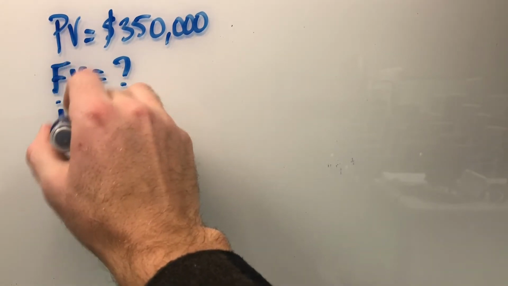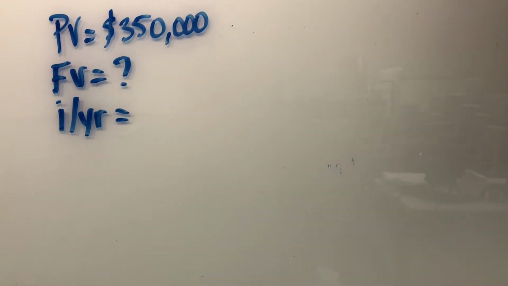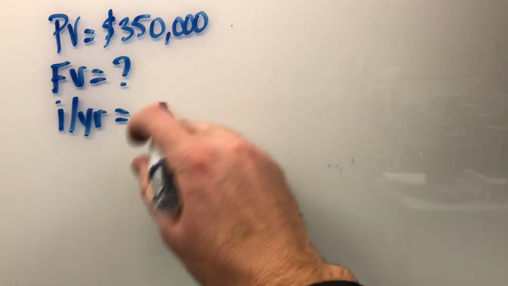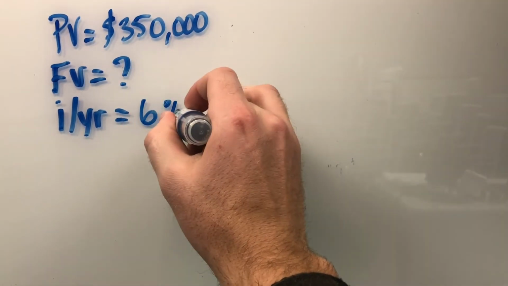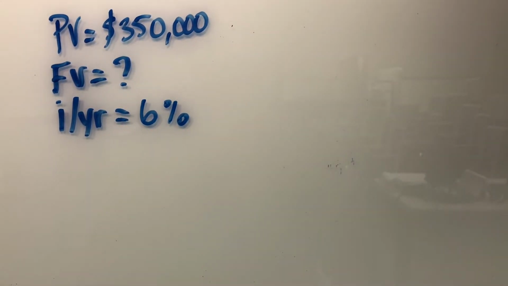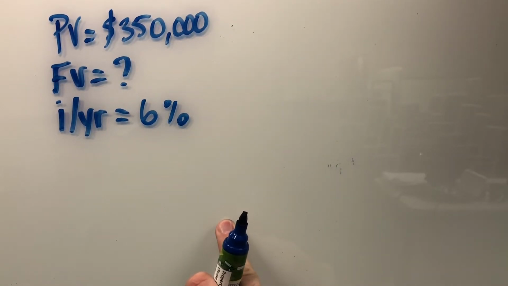In this case, it's inflation, but we identify it as interest for the calculator's sake. So let's say it's 6%, and that's actually year-over-year data. That's relatively accurate as of right now. In fact, in some places, it's gone even higher than that.